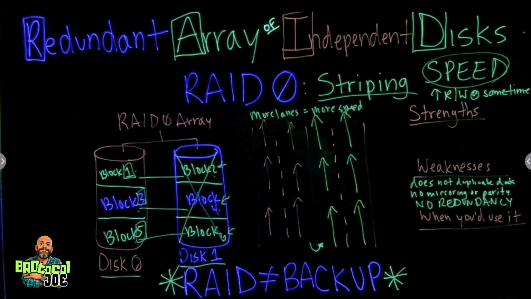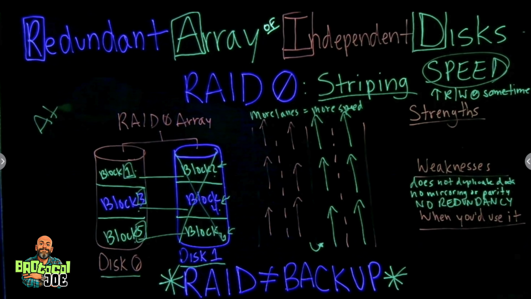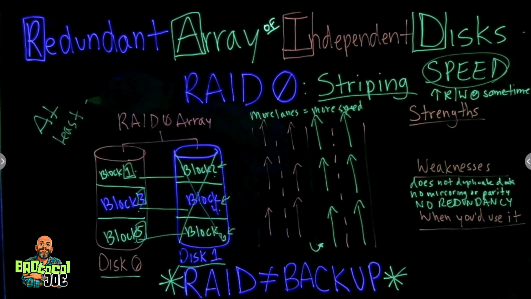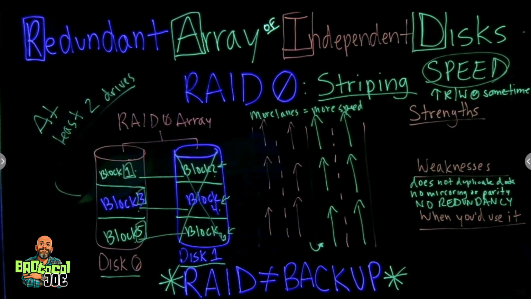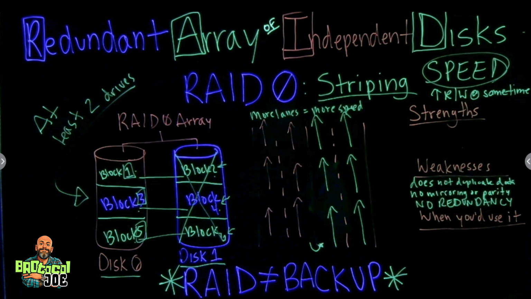It requires at least 2 drives, which is why I used this example. It needs at least 2 drives, and adding more drives can increase the performance, since even more drives are participating in the striping. But again, it needs at least 2 drives.